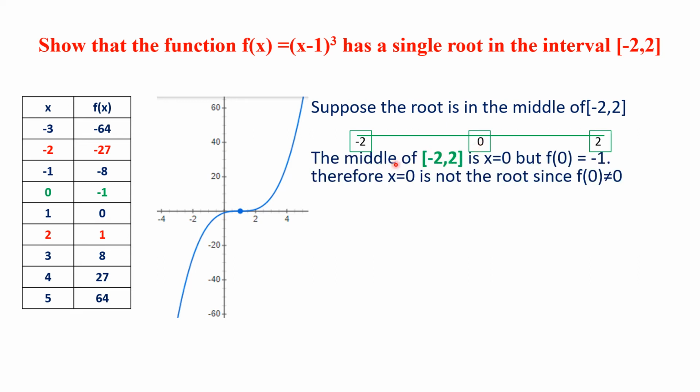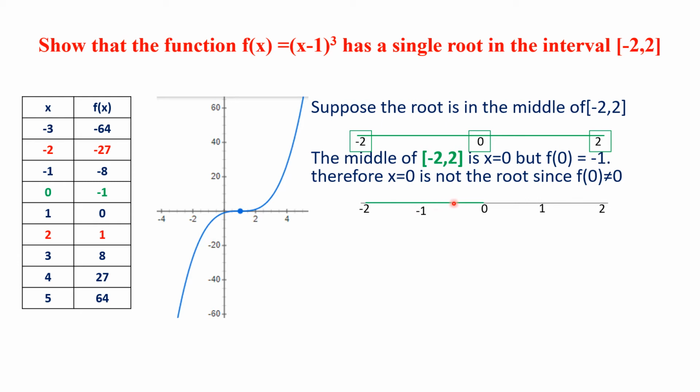So let's see if the root is at the point x equals 0. The middle point between -2 and 2 is x equals 0, but f of 0 equals -1. If we go over here, this is 0, and f of 0 is equal to -1. Therefore, x equals 0 is not the root, since f of 0 is not equal to 0. Next, we have to look at the left-hand side and at the middle point on the left-hand side.